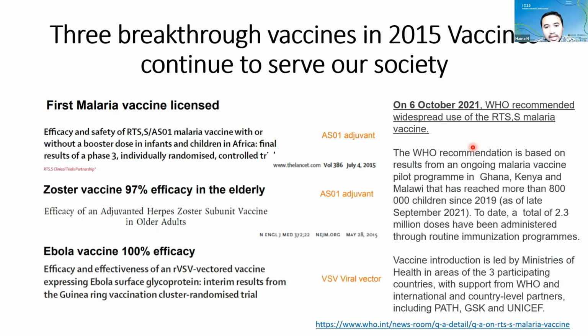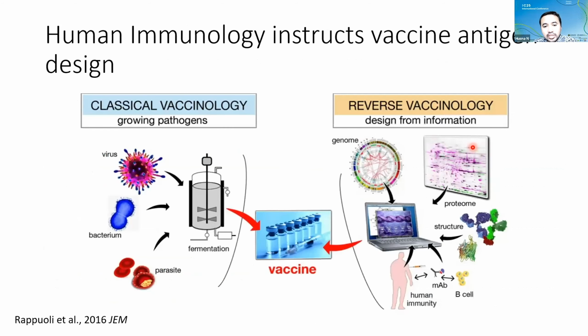This is quite very good. So the vaccines continue to serve our society, and what will be the next generation of vaccinology? We try to move from classical vaccinology to reverse vaccinology.